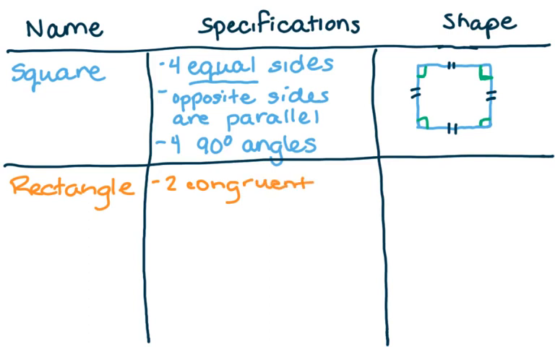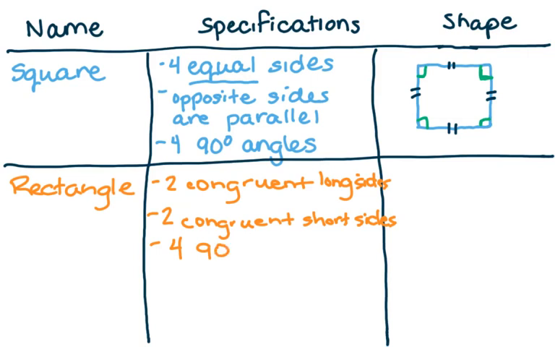Two congruent long sides, and then they have two congruent shorter sides. Both of these, the long sides and the short sides, are parallel. Same thing, you'll be able to see it. And again, a rectangle has four 90-degree angles.